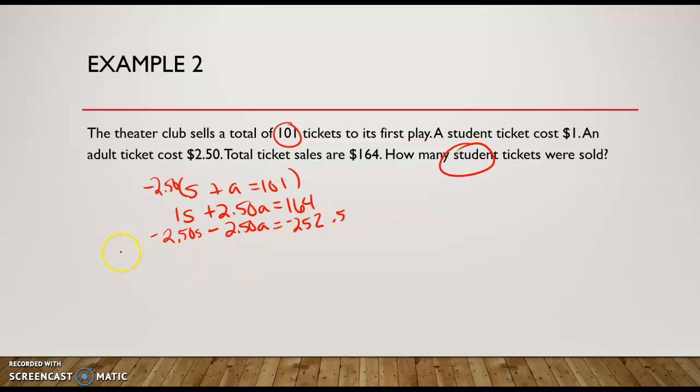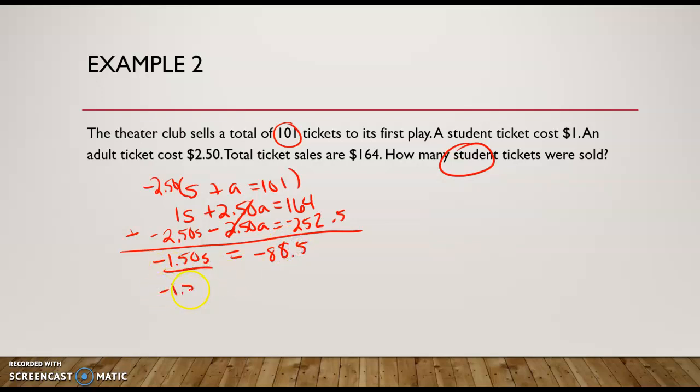252.5. From here, we add them. So 1 minus 250 is negative 150s. The 250a's go away, equals, and then 164 minus 252.5 is, excuse me, negative 88.5.